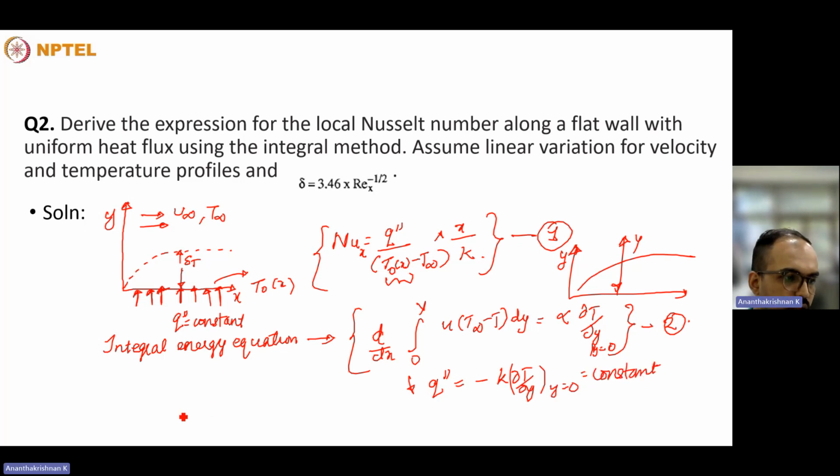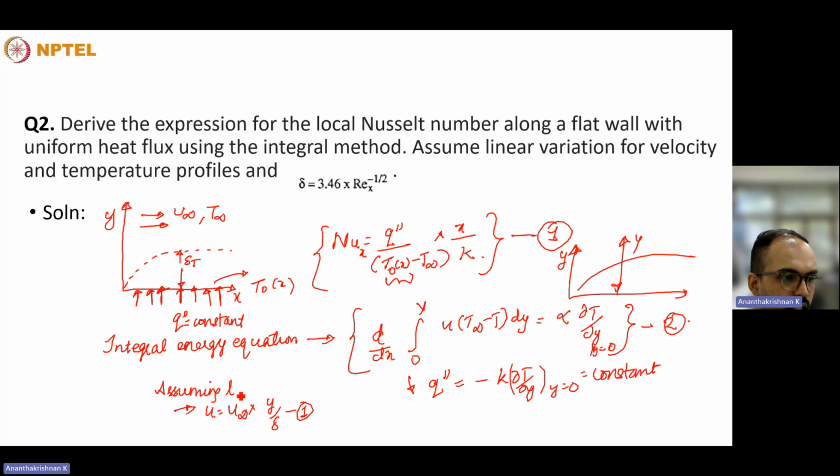As given in the problem, we can assume a linear velocity profile: u is equal to u infinity into y divided by delta.